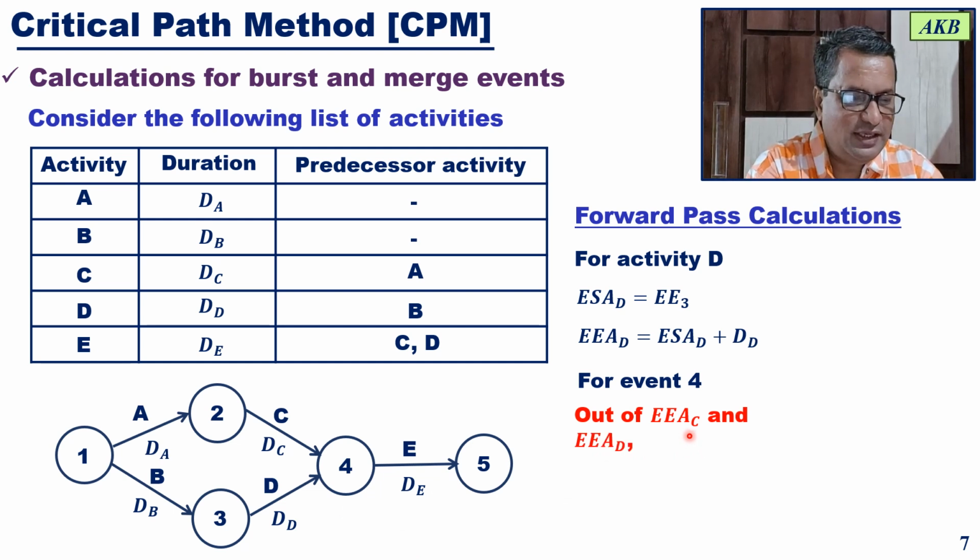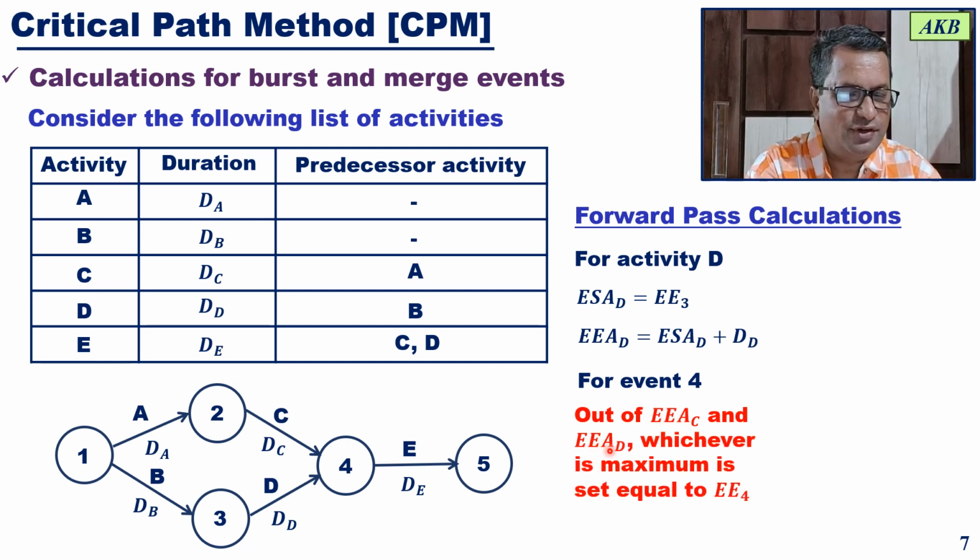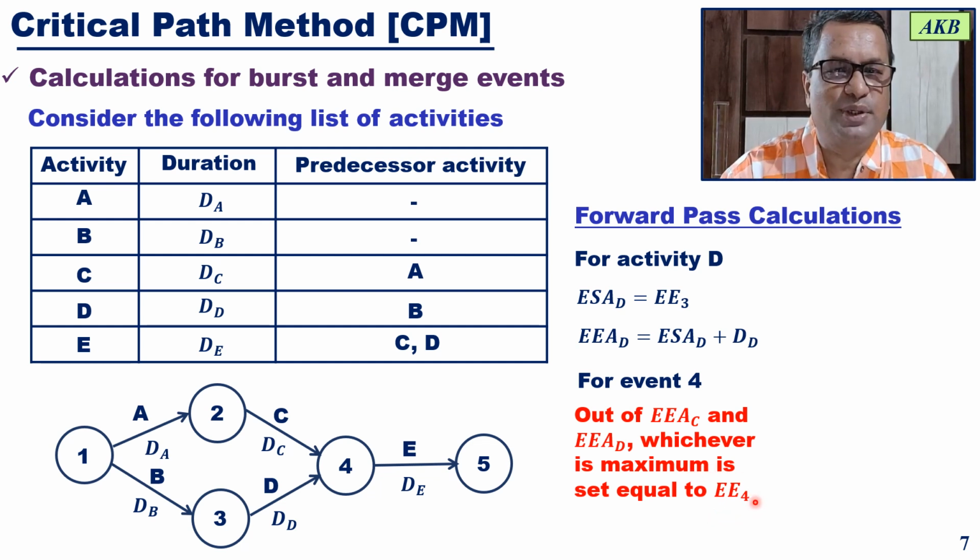Out of the earliest end time for activity C and the earliest end time for activity D, whichever is maximum is set equal to the earliest event time for event 4. That is what you have to remember. That was the objective of discussing this concept.